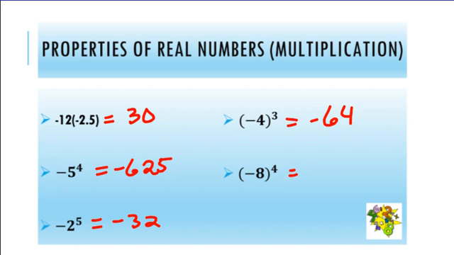That would give us a positive 4,096. Now some of you might think, why is the previous one negative and the last one a positive? When you're working with negatives in parentheses and you're raising it to an odd number, your answer is always going to be negative. If you have a negative in parentheses and you're raising it to an even number, it's going to be positive.